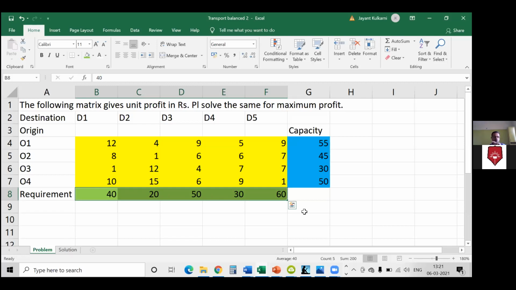Because the total supply matched the total demand. Now, in this case, the total supply, which is 180, does not match the total demand, which is 200. And hence this becomes an unbalanced transportation problem. So these are the two final variations that we wanted to do with transportation problems, and hence we are doing it.